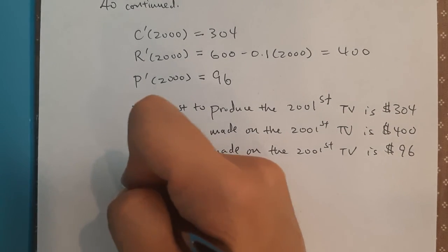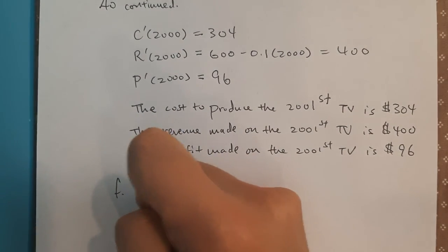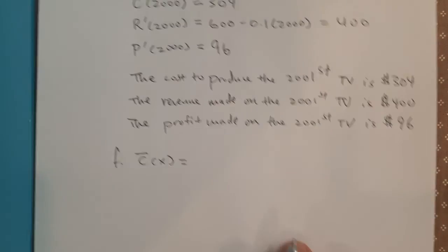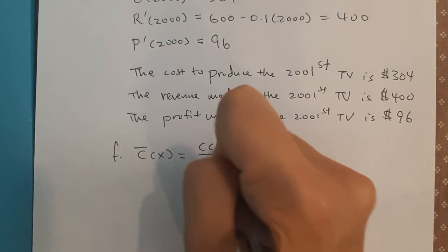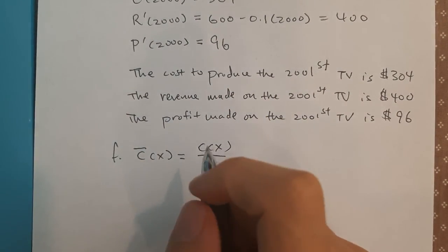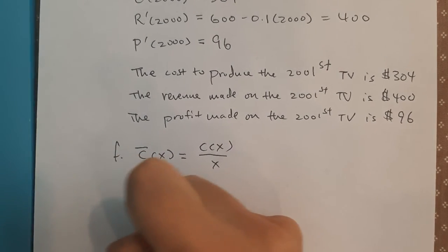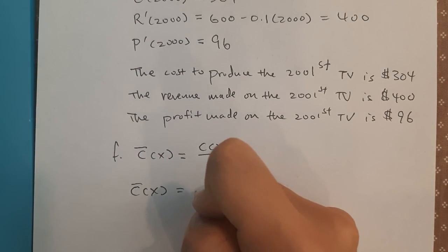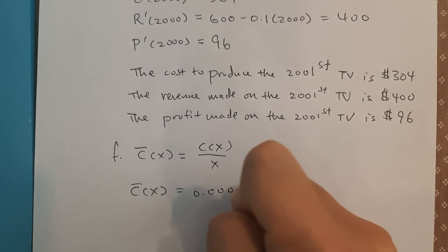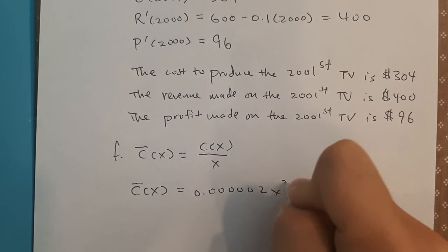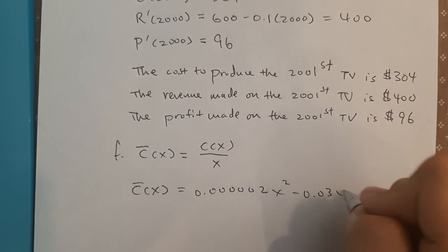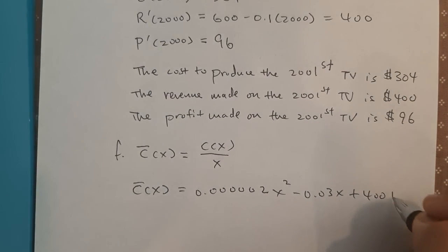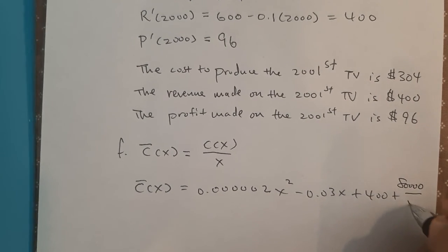Then letter F is to find the average cost function, C bar of x. That's going to be C of x divided by x. So we have C bar of x equals 0.000002x squared minus 0.03x plus 400 plus 80,000 divided by x.